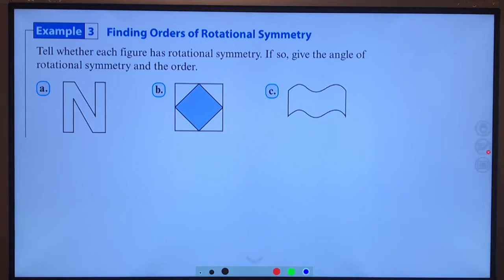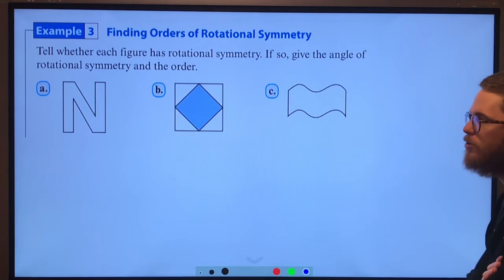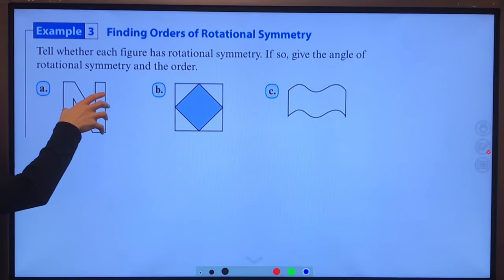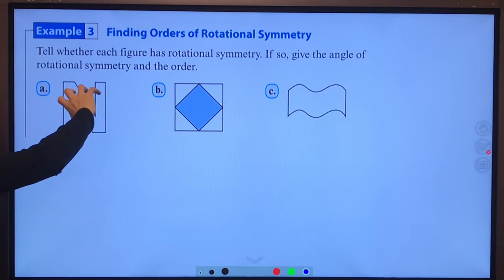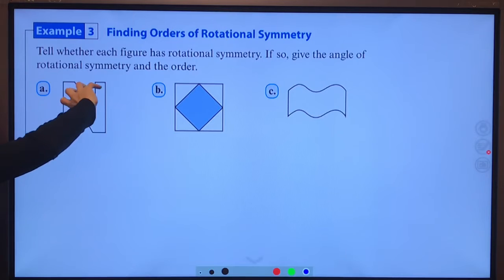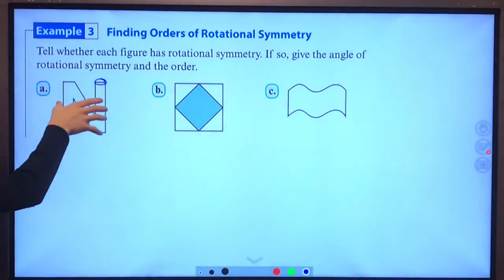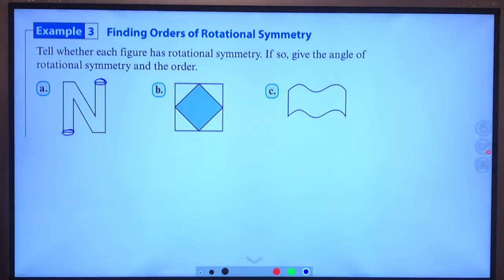All right, it says tell whether each figure has rotational symmetry. If so, give the angle of rotational symmetry and the order. Well, this N, if I rotate it 90 degrees, I don't get anything. If I rotate it 180, this end of the leg would kind of line up with that one, and it would coincide with itself.